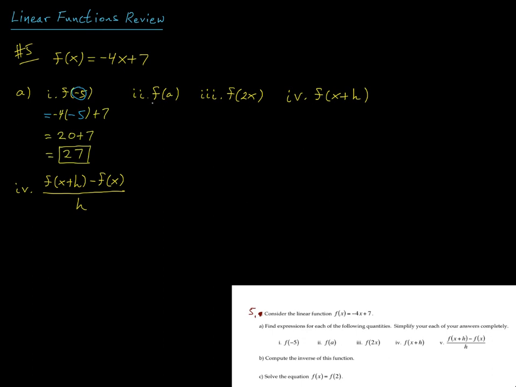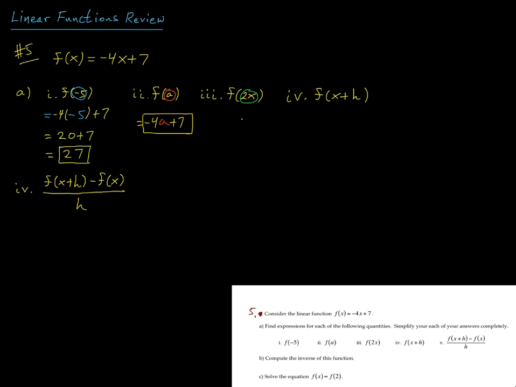All right, part 2, here we're inputting just a for x. So in other words, all we're doing is replacing x with this letter a. That's just going to give us minus 4a plus 7. For 3, we're going to input 2x for x.